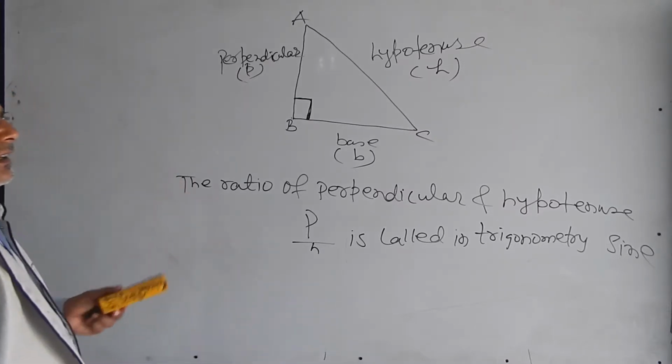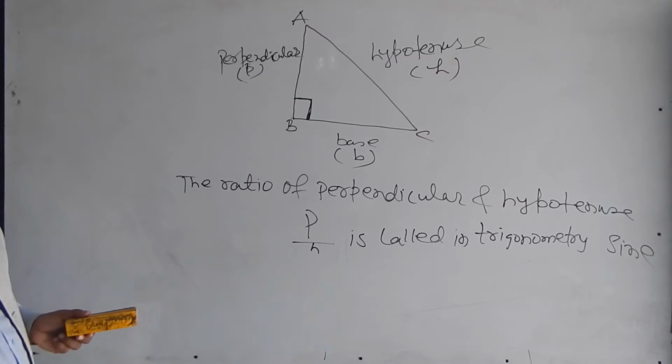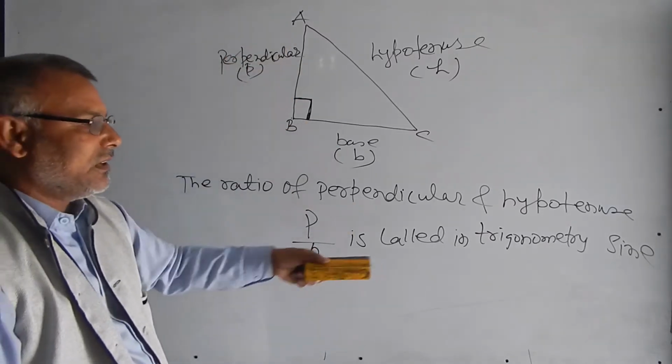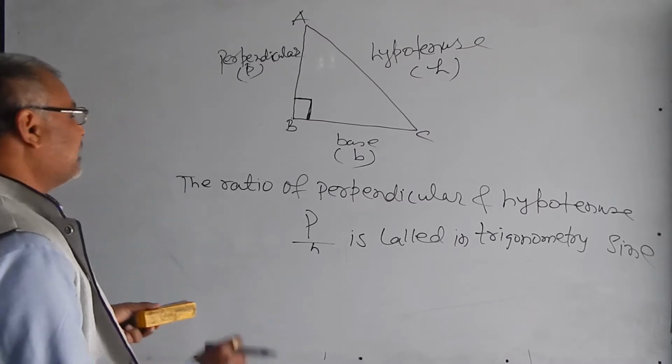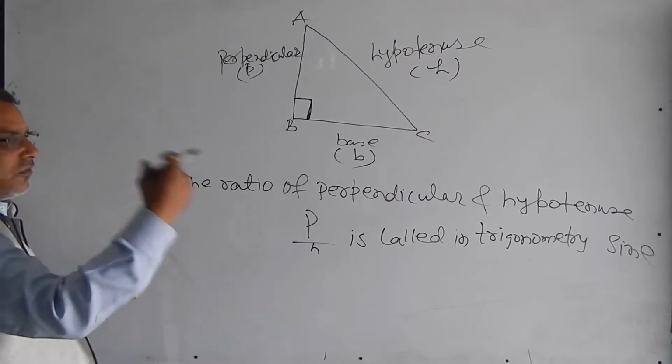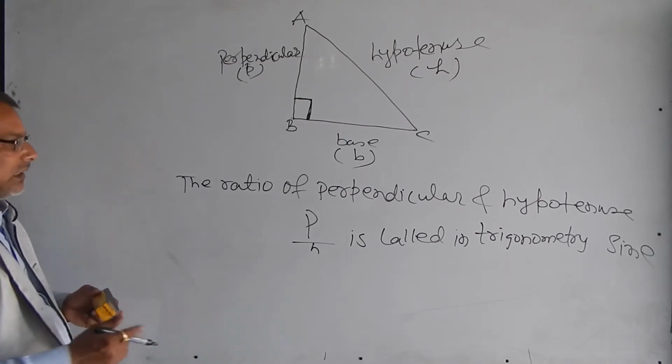And thus there are 6 ratios in trigonometry. In a similar way, we can take the other 5 ratios also. One by one, I want to discuss them.